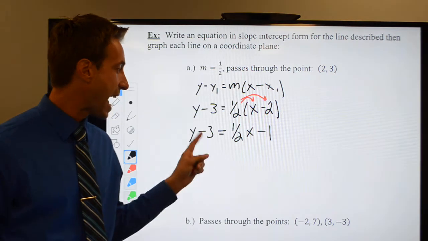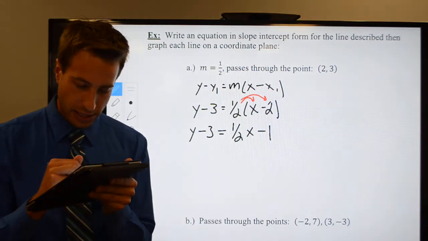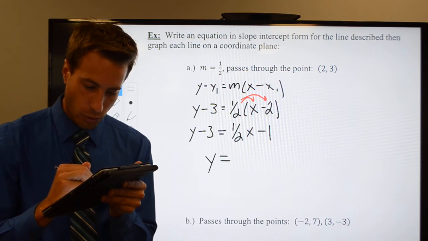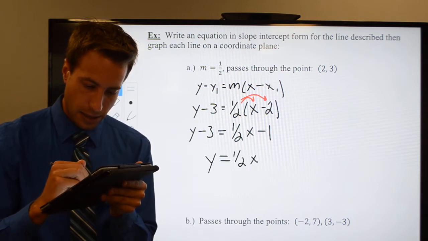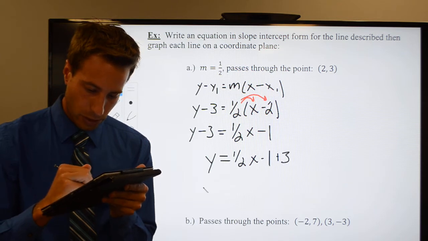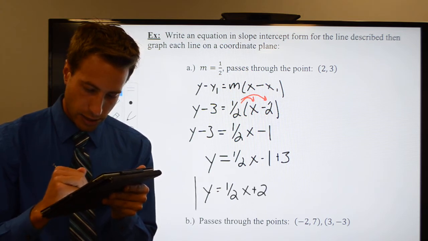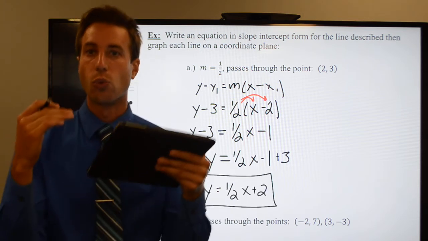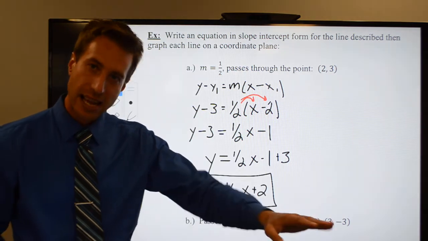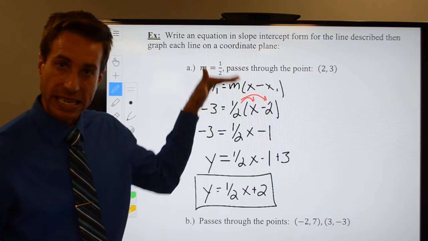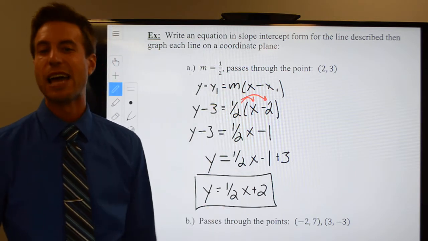Let's go ahead and add that 3 to the other side. y, which is what I need, is equal to 1/2 x minus 1 plus 3, which means y is equal to 1/2 x plus 2. And just like that, we've got our answer. Way easier than using the slope-intercept approach. We can just go straight to what we need, do our algebra, and we're all set.